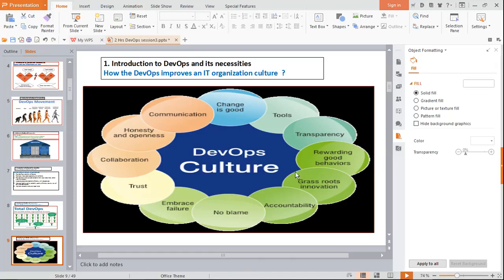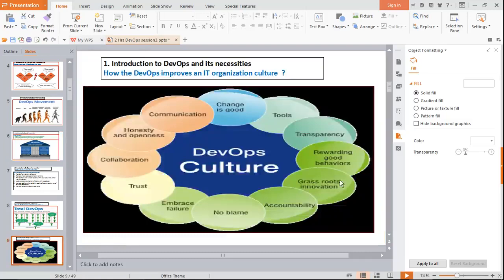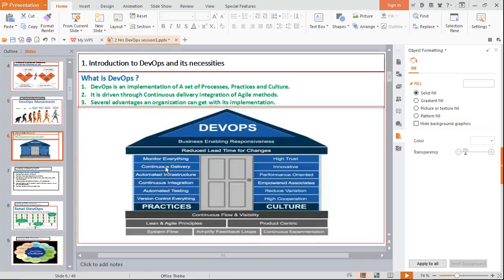And grassroots innovation, what are the real issues at the low level? Everybody is visible, because we have seen in the HUT diagram, monitoring everything, and you have a continuous flow and visibility. Through that you can achieve that. And transparency, obviously transparency will come by having monitoring everything and continuous flow and visibility through those practices.